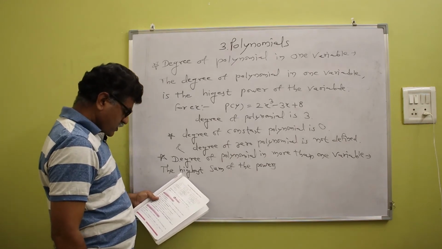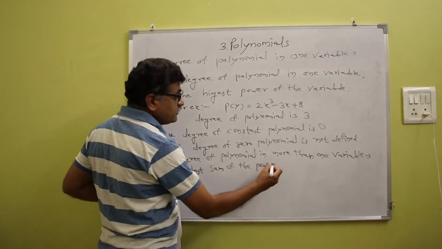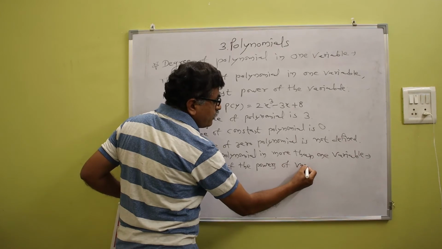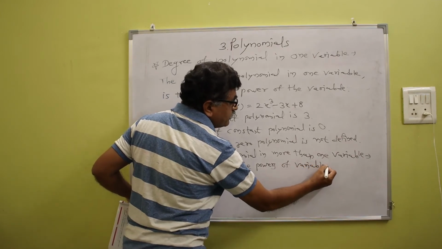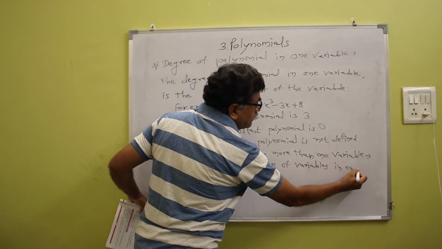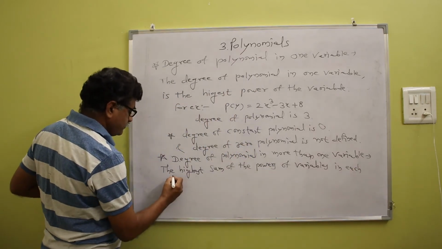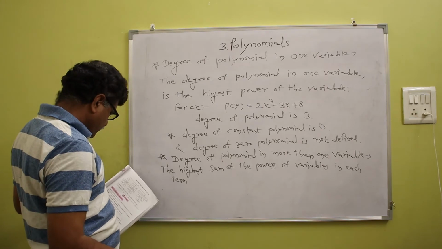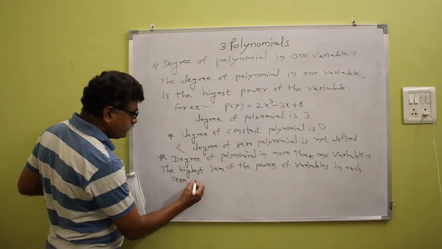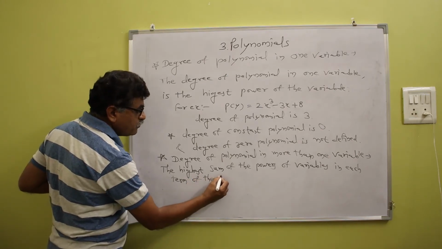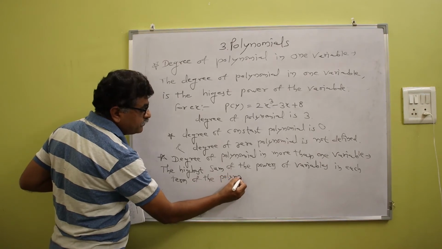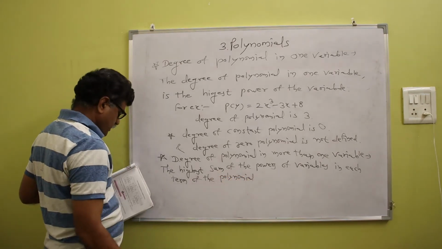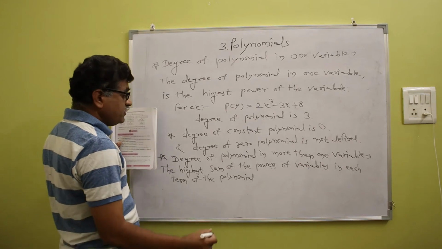The highest sum of the powers of variables in each term of the polynomial is the degree of the polynomial.